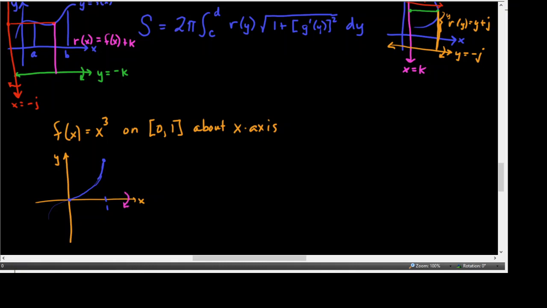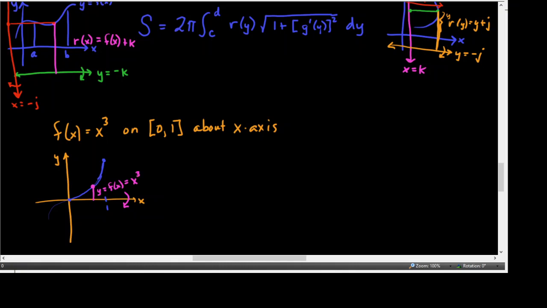Okay. So our radius is always measured from the axis of revolution to the curve. And obviously that's a measure of y. Since our function is a function of x, we're not going to use y, we're going to use the f of x, meaning we're going to replace that with x cubed.